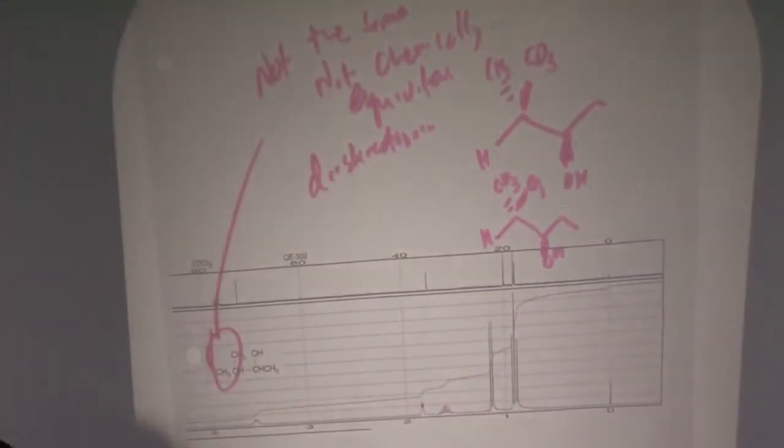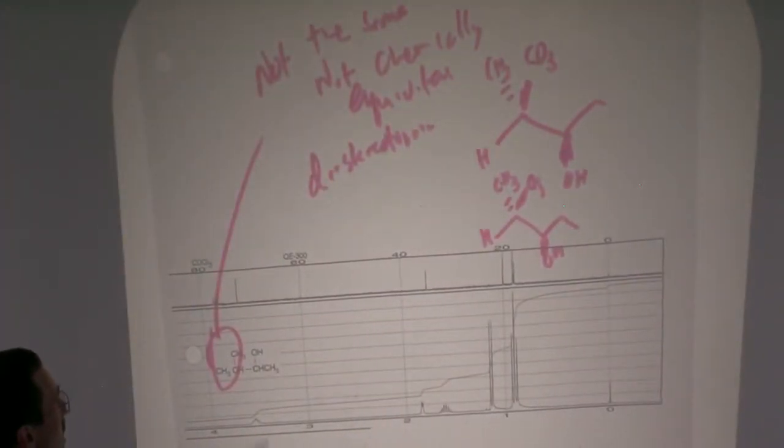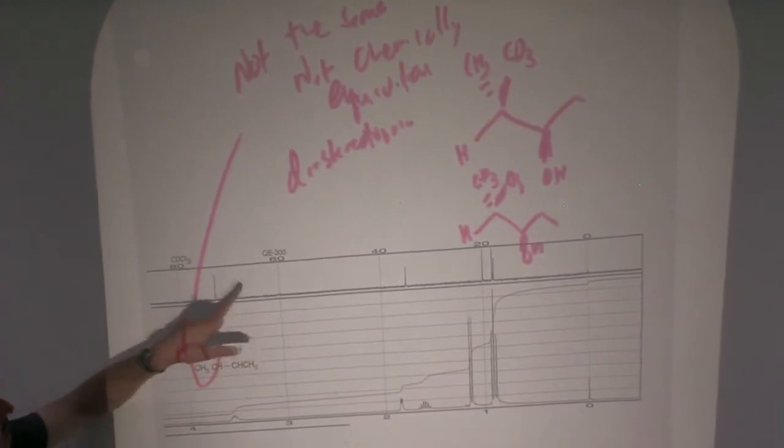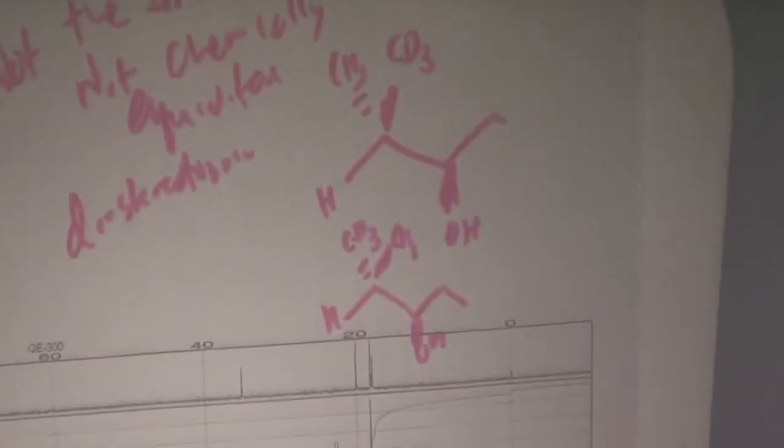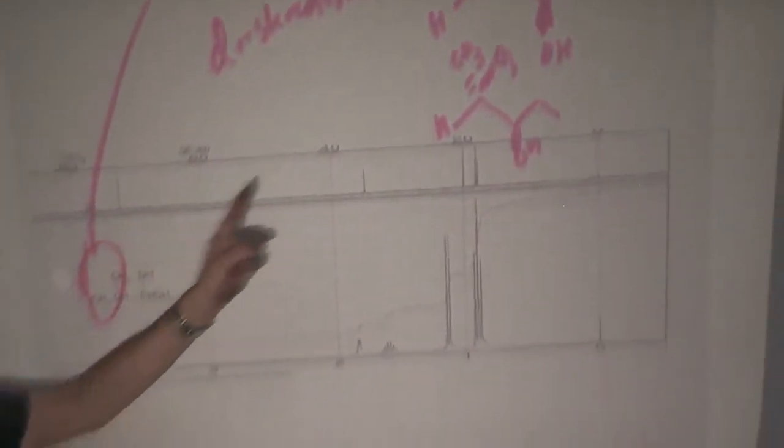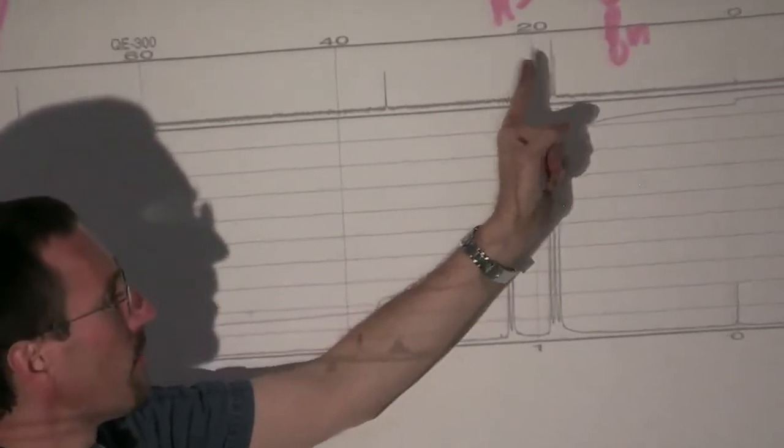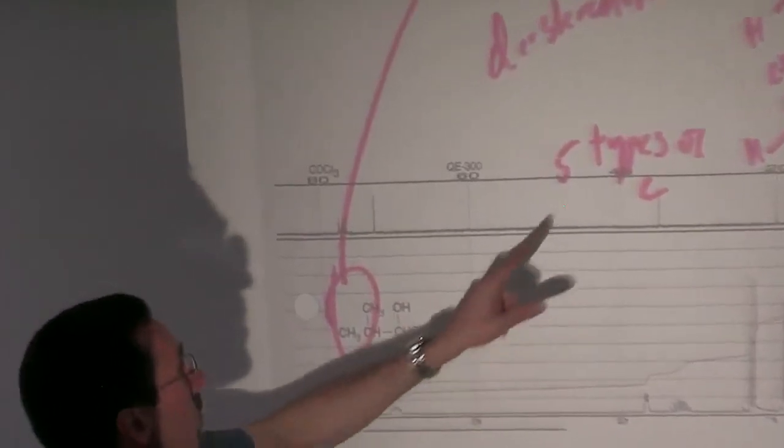Or the other way is just to think about the topology. When you look at it, how many peaks do we see in the C13 NMR? 1, 2, 3, 4, 5. There are 5 types of carbon because there are 5 non-chemically equivalent carbons.